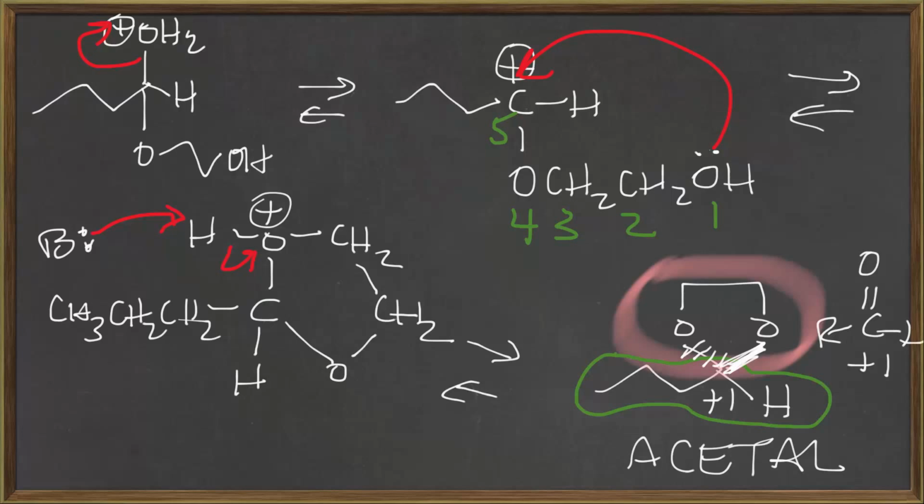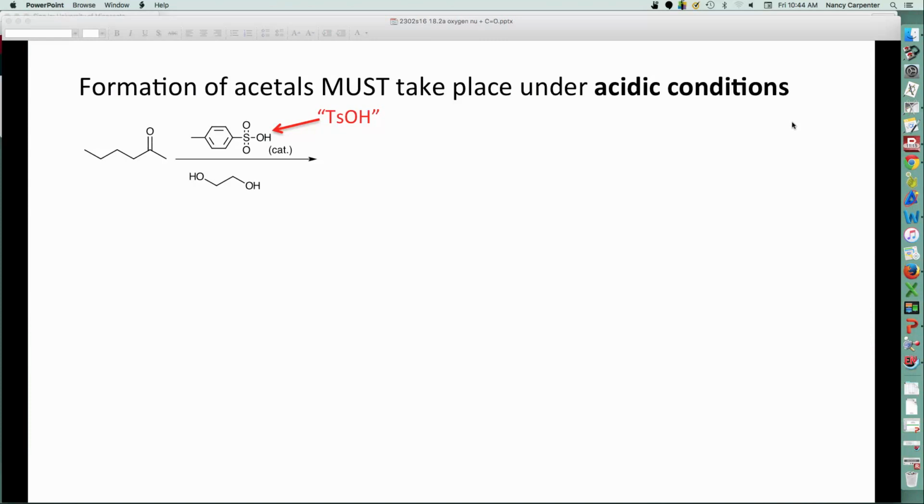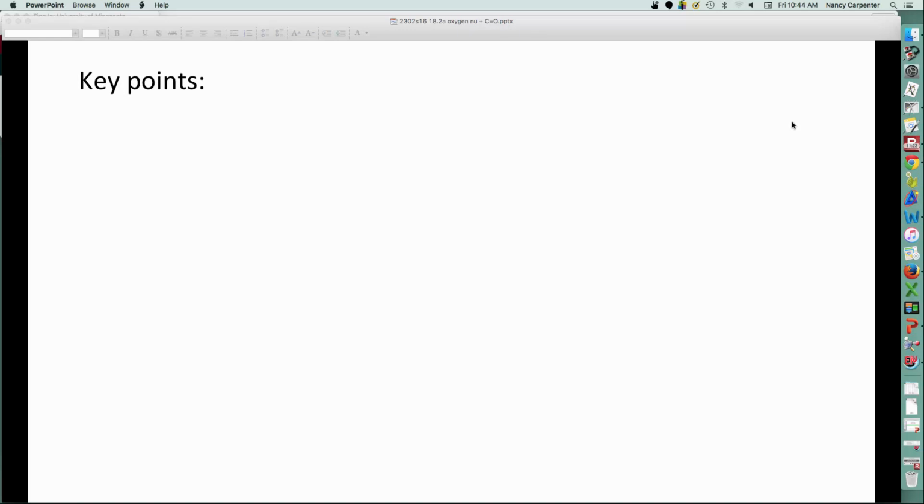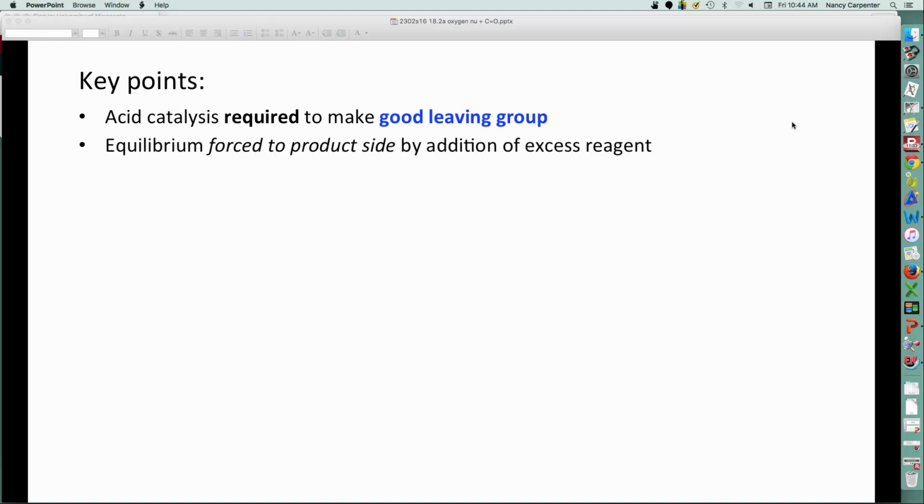Okay? So the mechanisms associated with this whole chapter are all the same as we've seen in class. So the key points that you want to take home with you are: you have to have the proton present to kick out or lose whatever leaving groups you're making.